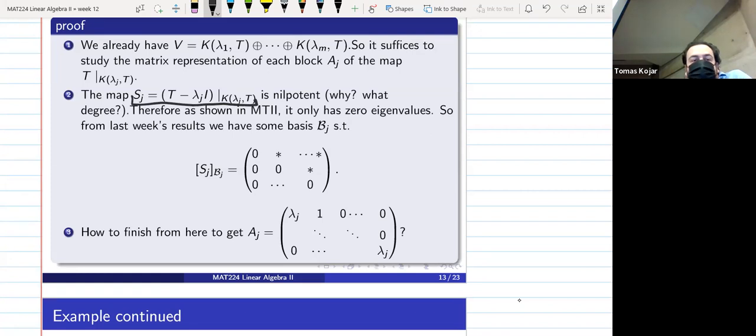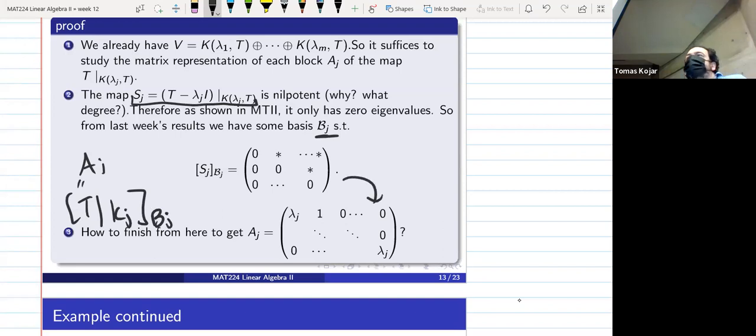But we still want to get A_j, which is the matrix for T restricted to K_j, the generalized eigenspace, for some basis B. So how do I get to here? I just want to see if you understand the notation.